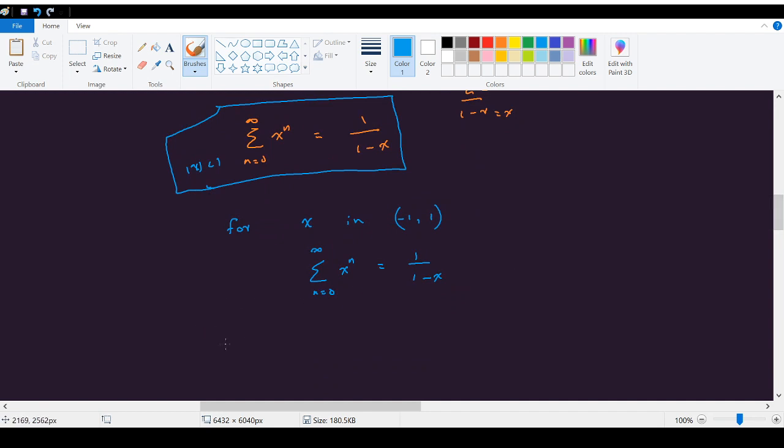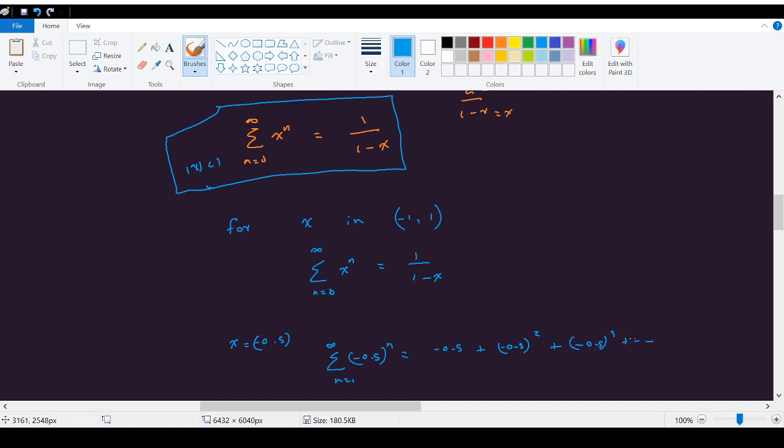See, if you choose a certain value, let's take -0.5, this result says that if you consider the series and expand the terms, then it will be -0.5 plus -0.5 to the power 2 plus -0.5 to the power 3.